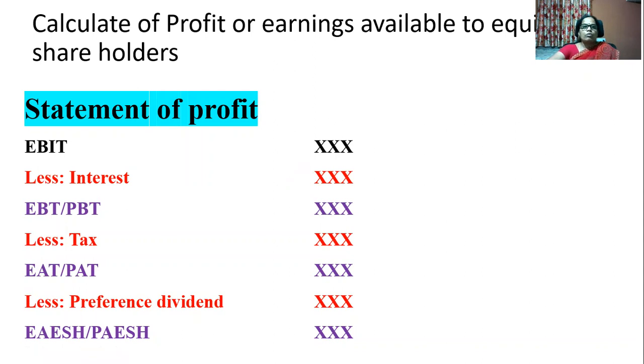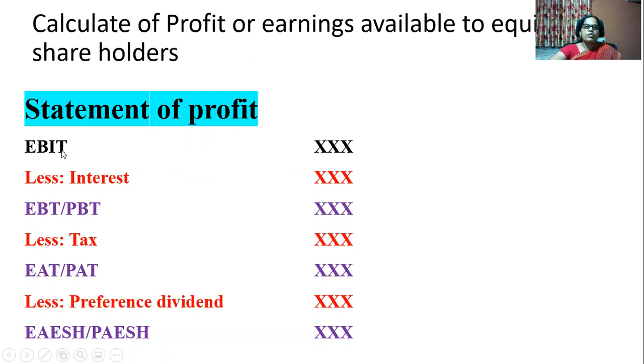So you may have to calculate, at a given level of activity, the impact of financial plans on EPS, or for a single financial plan, at varying levels of EBIT, the impact on EPS. Whatever it is, you first take the EBIT.